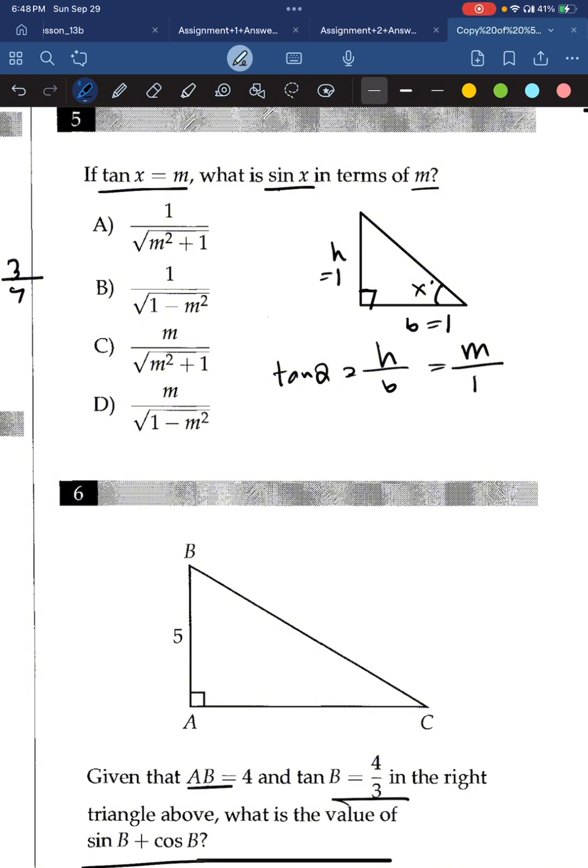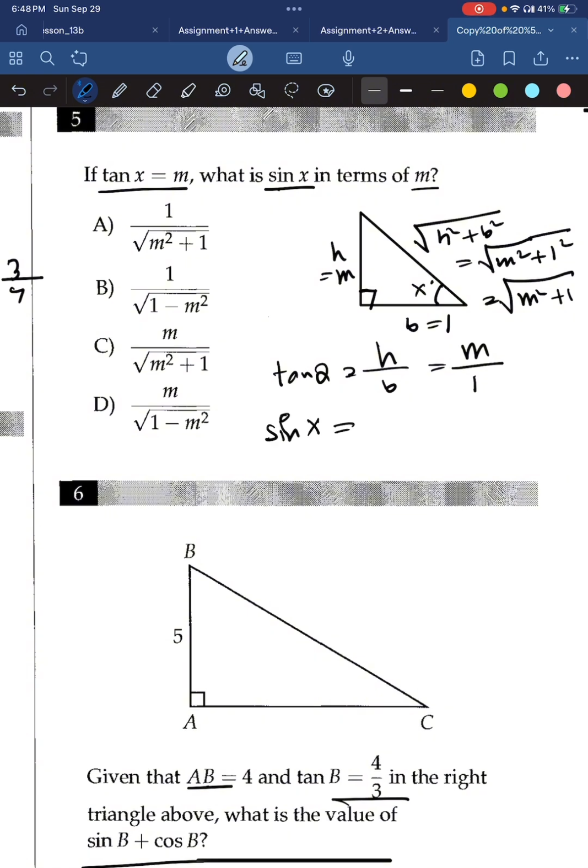Using the Pythagorean theorem, we can find the hypotenuse is the square root of height squared plus base squared. Height is m, base is 1, so it's the square root of m squared plus 1. Now we have to find sine theta, sine x, whatever you want to say.